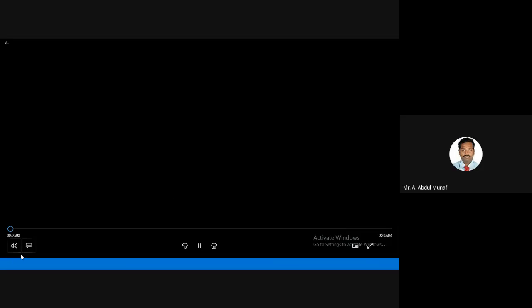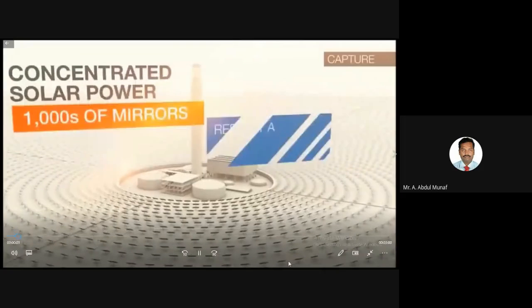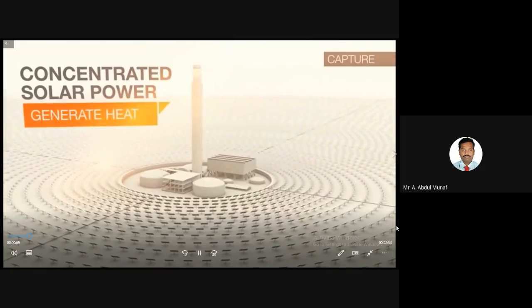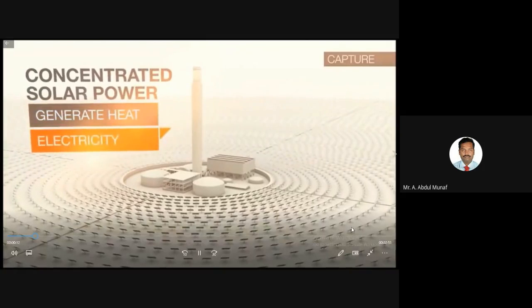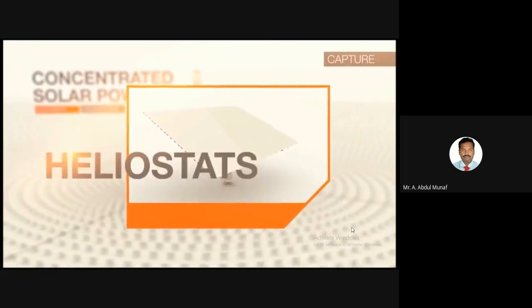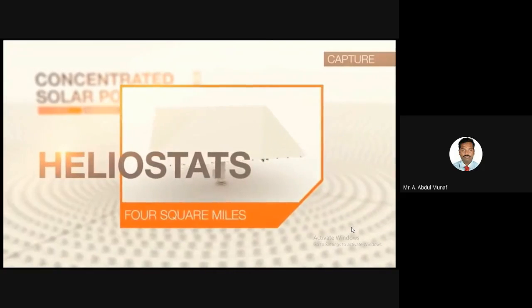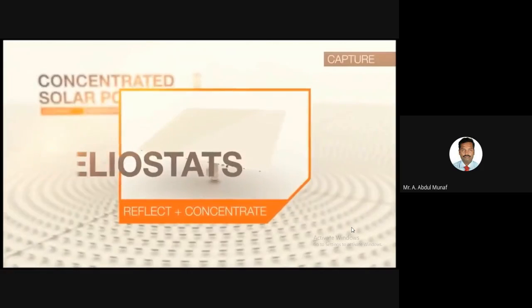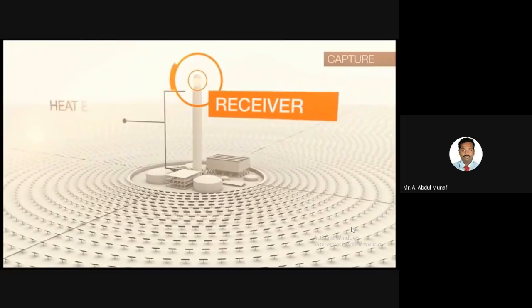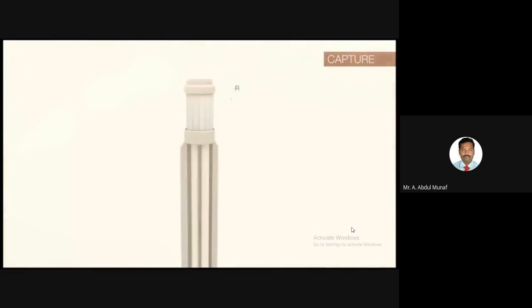They have clearly mentioned how it is working. Concentrated solar power uses thousands of mirrors to reflect and concentrate sunlight onto a central point to generate heat, which in turn is used to generate electricity. More than 10,000 tracking mirrors called heliostats reside in a 4 square mile field where they reflect and concentrate sunlight onto a large heat exchanger called a receiver that sits on top of a 550-foot tower. Within the receiver, fluid flows through the piping that forms the external walls.